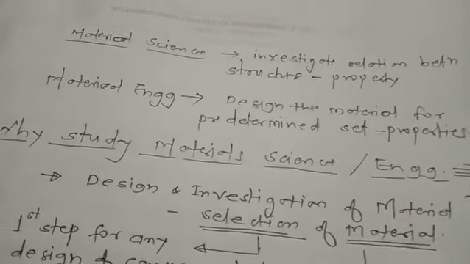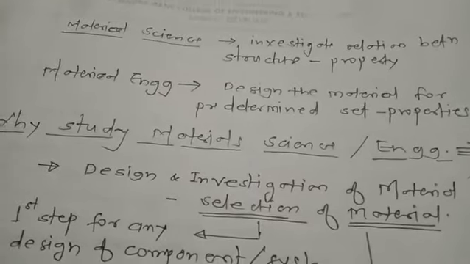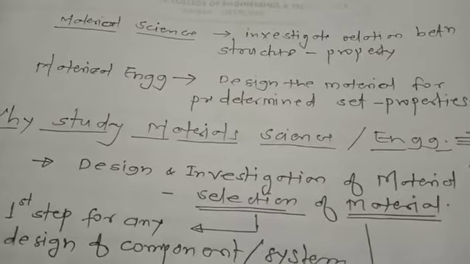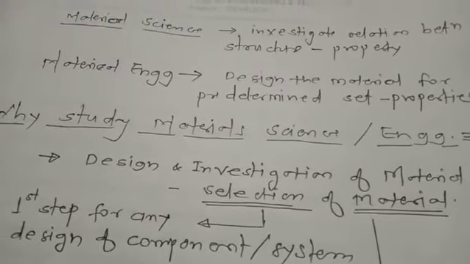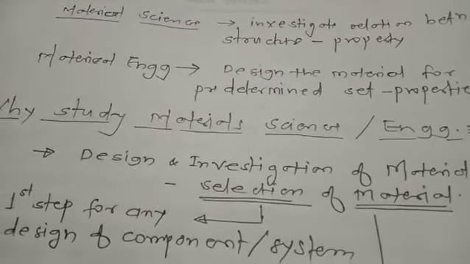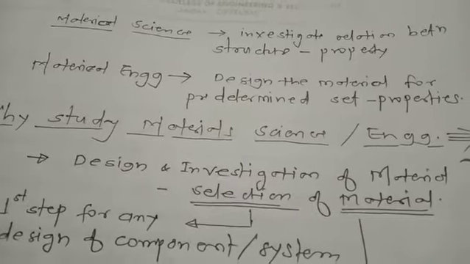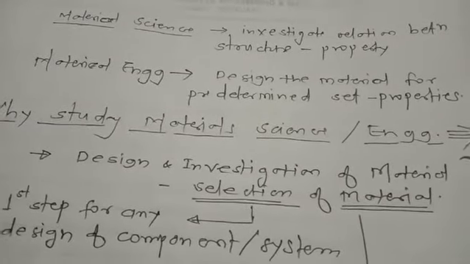That is a very important thing. Means for proper arrangement of atoms, what will be the properties, and if there is not a proper arrangement of the atoms inside the material, what is the output of that material? That is very important.